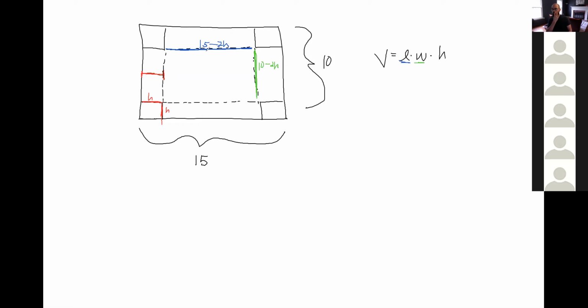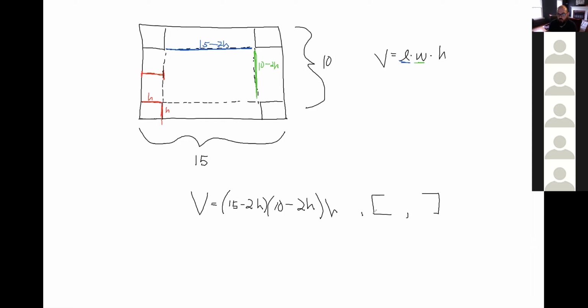So my volume formula in terms of height is going to be: the volume is equal to 15 minus 2H, times my width, 10 minus 2H, times my height, which is just H. Now the question is, what interval do I want to think about this on?